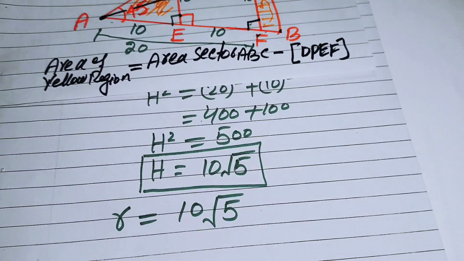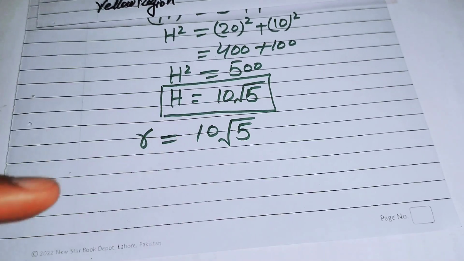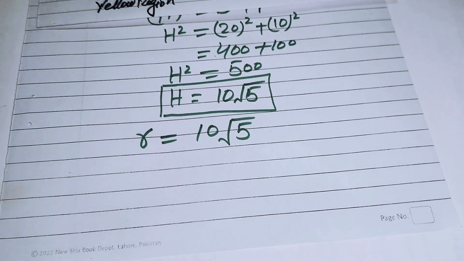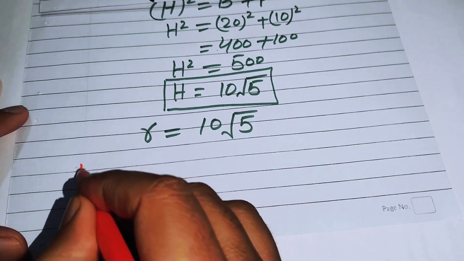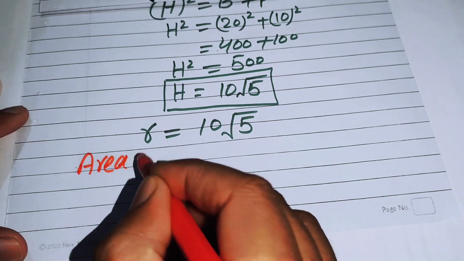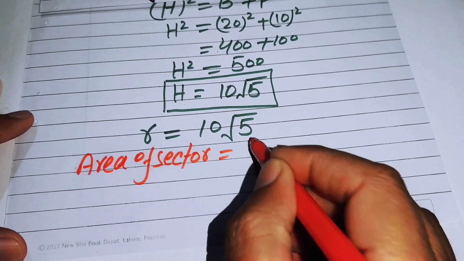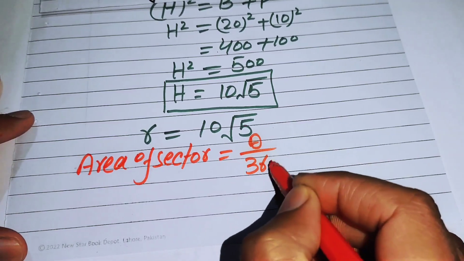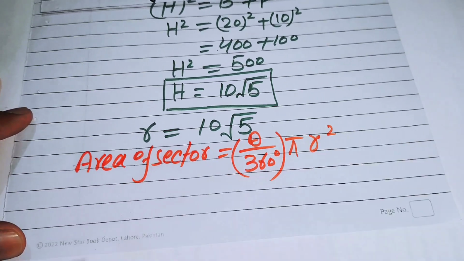Now in order to find the area of the sector, we will use the nice formula, which I can already write. Area of sector equals theta over 360 degrees multiplied by pi r square.